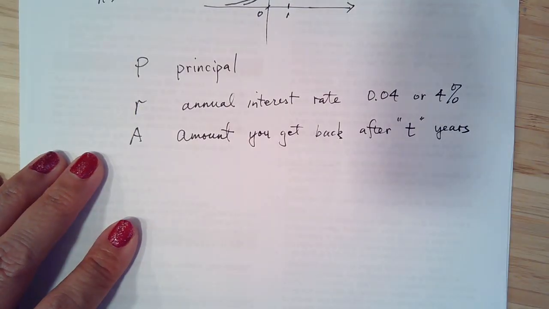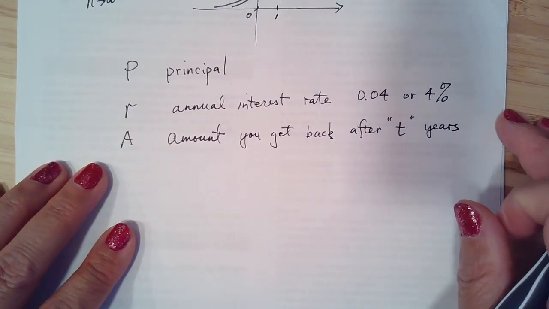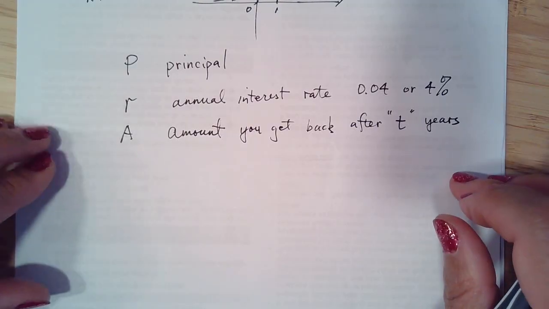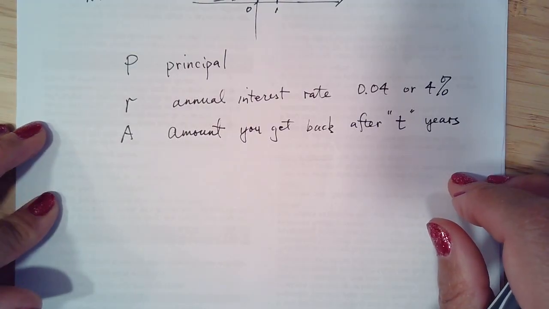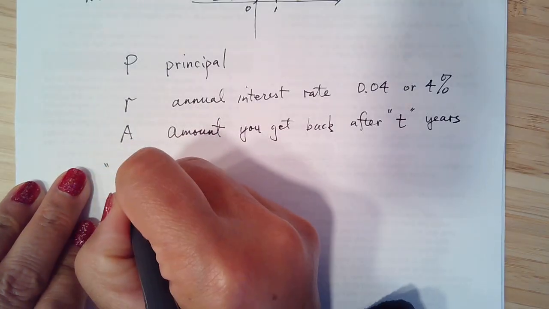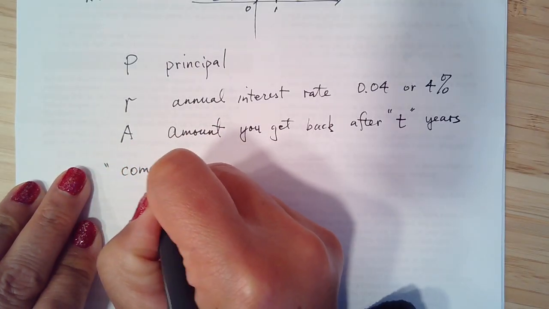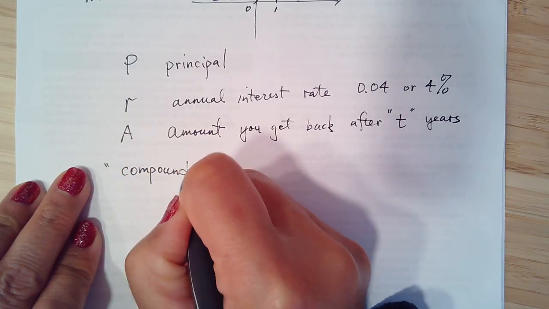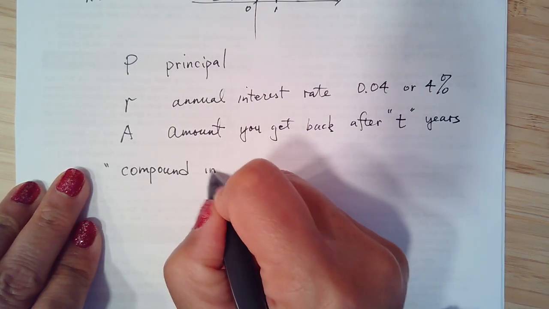You leave the money there, and you're going to get the money back after t years. Now, the bank pays you interest of 4%, but they said something important. It's called compound interest. What does that mean?